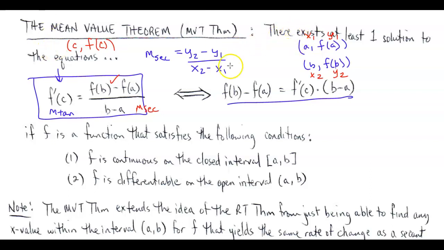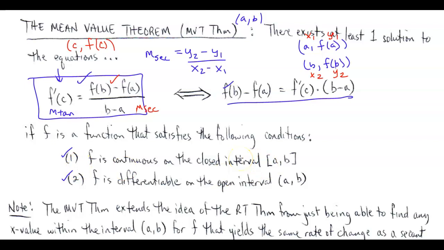So what we're saying here is that we are guaranteed to have a situation like this for at least one value in between, strictly in between a and b here, if our function is continuous on a closed interval, and if we can verify that our function is differentiable everywhere strictly in between x equals a and x equals b. Okay.